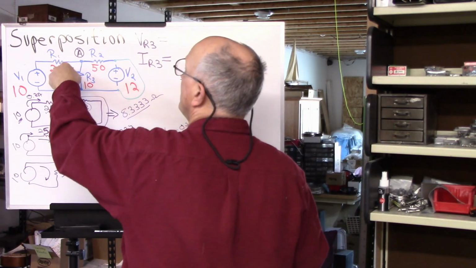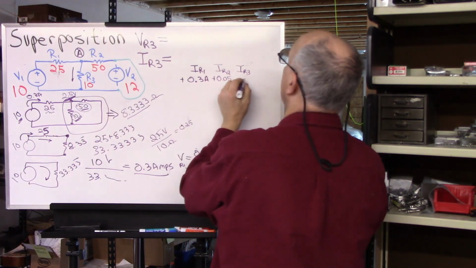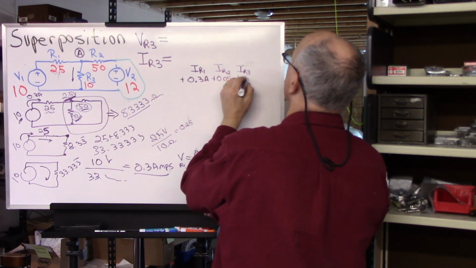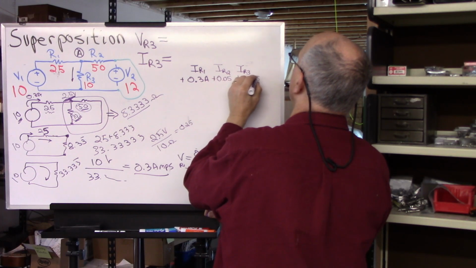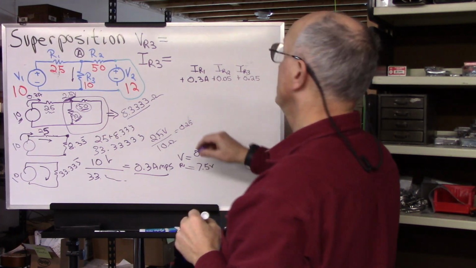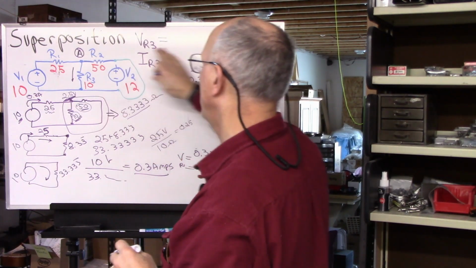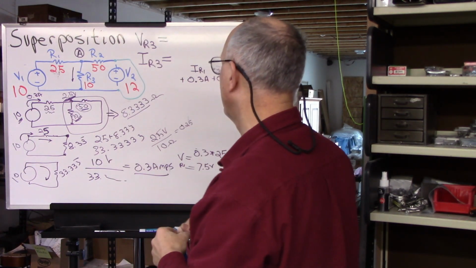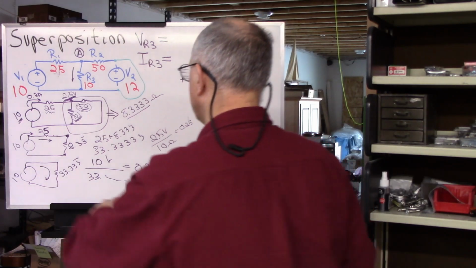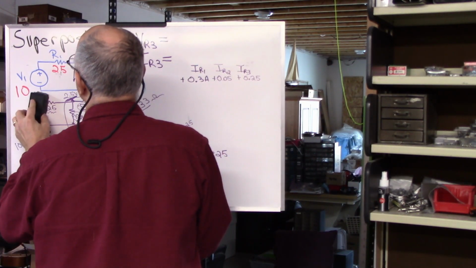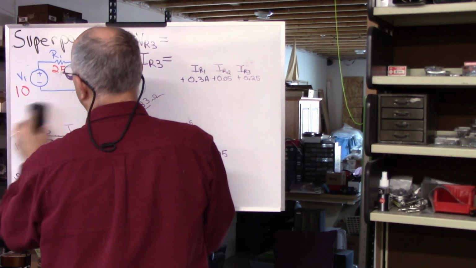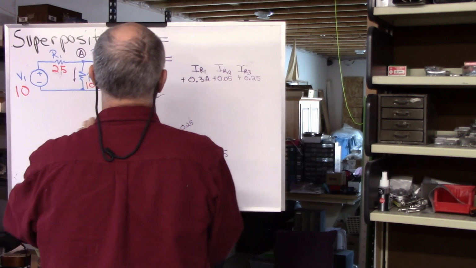Now it's going down, and we decided that that was positive, so plus 0.25 amps. So we got all pluses here, because everything is moving left to right or top to bottom. We got our currents. All right. So now we move on to step 2.